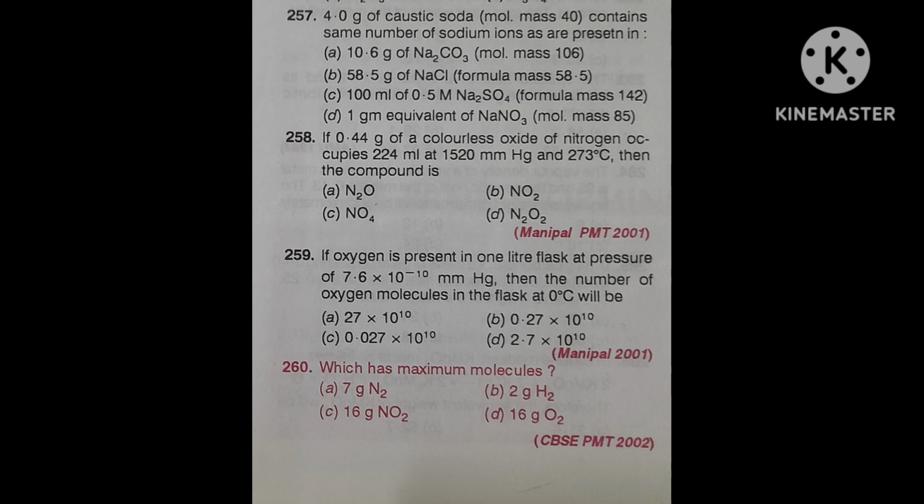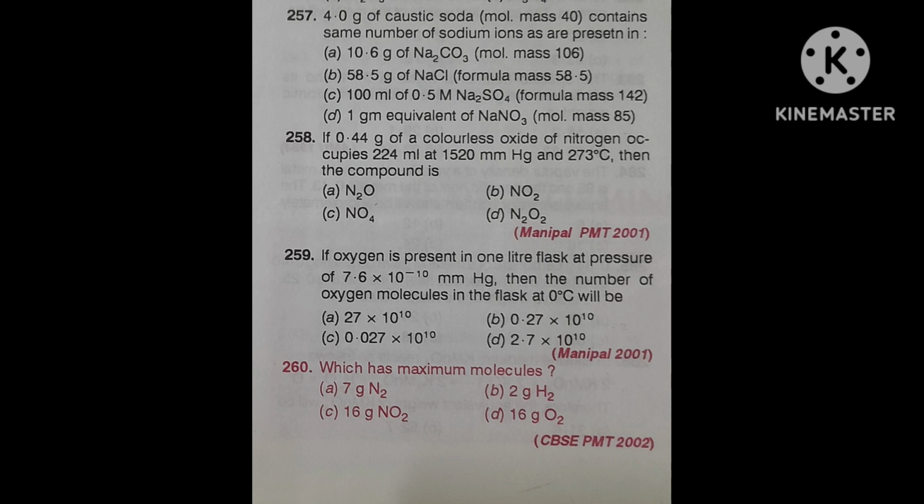Out of this, hydrogen is 1 mole. Then 1 mole means the molecules will be more, just like Avogadro number. 2 gram hydrogen means 1 mole, and 1 mole is Avogadro number.